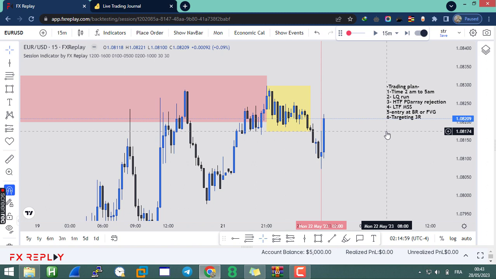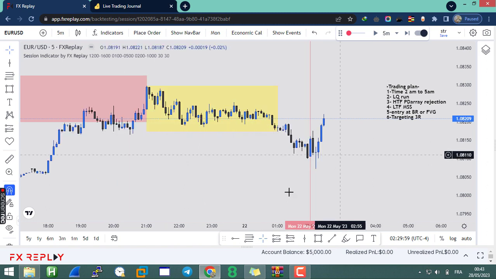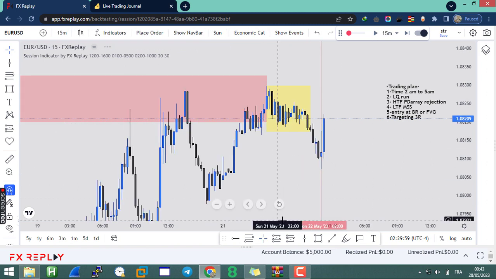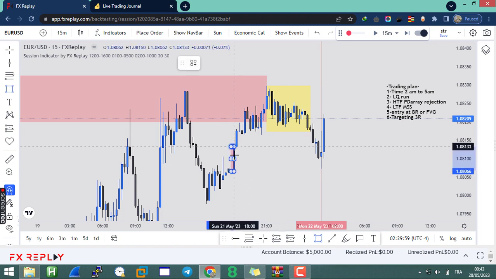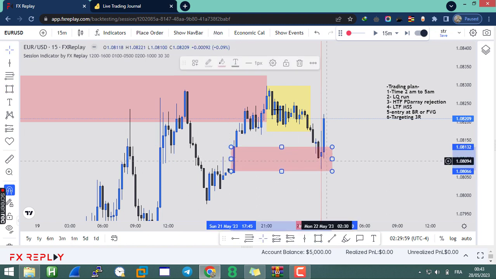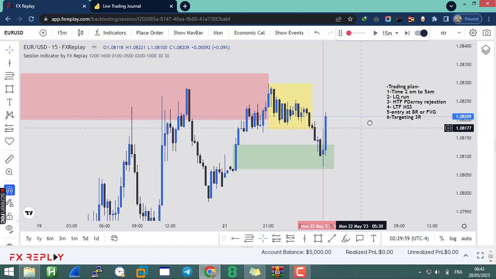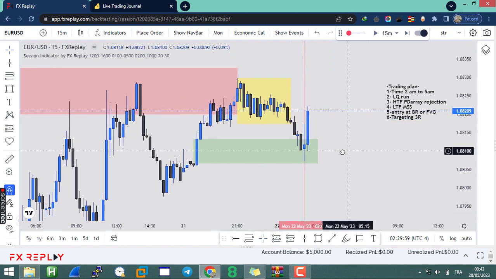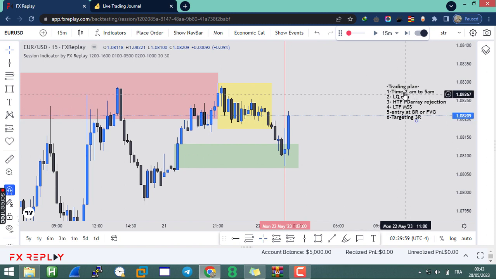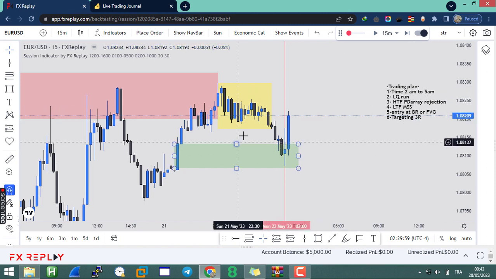Now let's drop lower. I want to mark this out. You can see here, guys, that there is a liquidity run on the Asian session low.